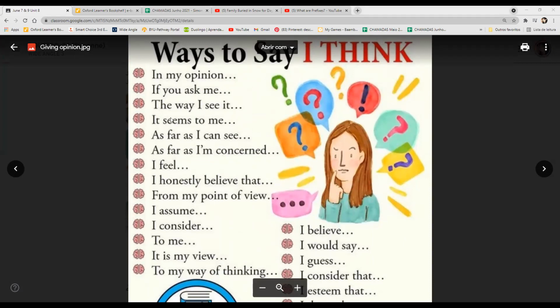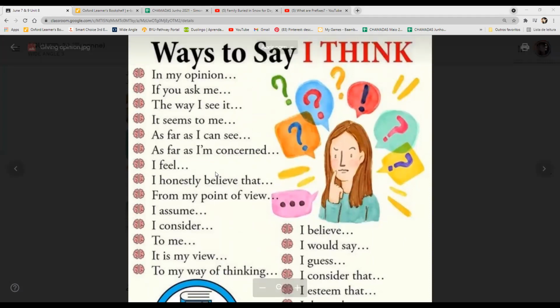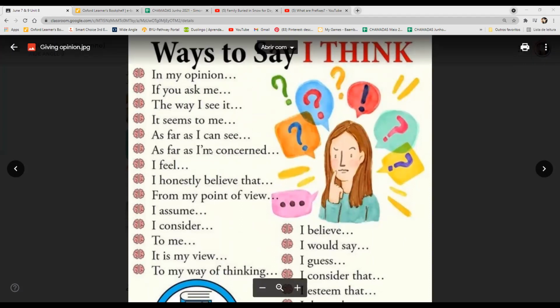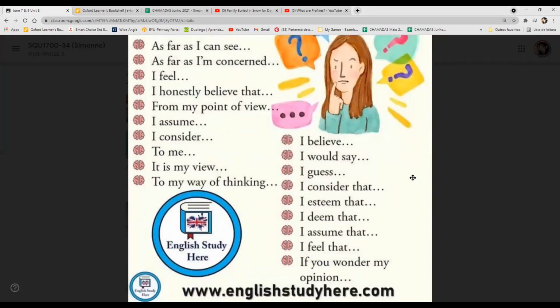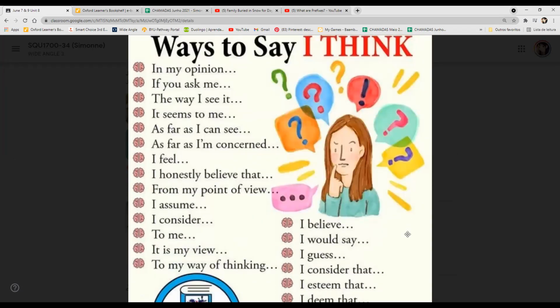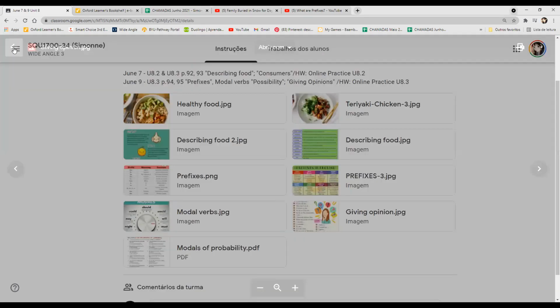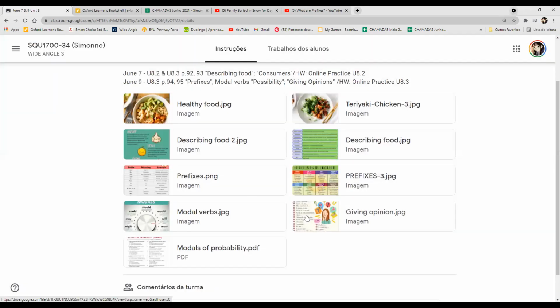Here we have some expressions to give our opinion, some other possibilities, right? In my opinion, if you ask me, and so on. Okay, I'm not going to read all of them, but it's nice for you to have that. Here we even have more formal ways you can use. So it's posted there for you, okay, on our page here, Google Classroom.